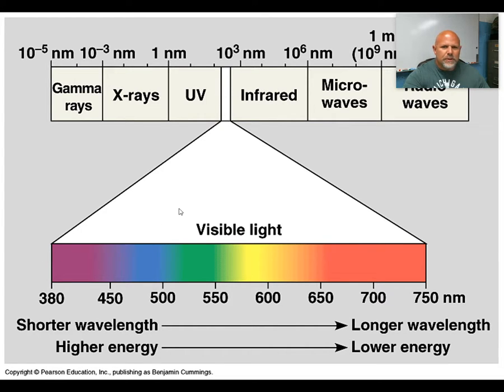The most energetic of the visible light spectrum is violet, and the least energetic is red. So you can see the wavelength of violet is about half what red is, so it'd be much more energetic. That's why it's good for plants to take advantage of this end of the spectrum, because there's more energy at that end of the spectrum.